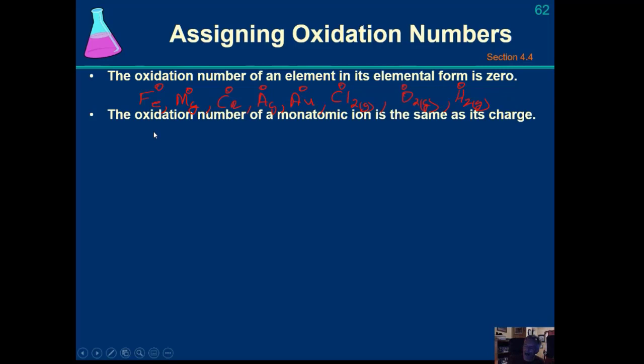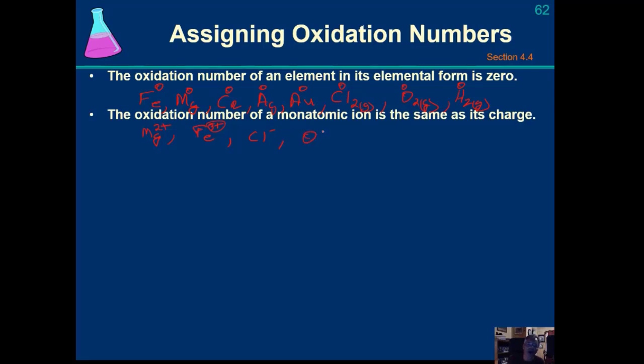The oxidation number of a monoatomic ion is the same as its charge. So if you see a monoatomic ion like magnesium 2+, that's its oxidation state. Iron 3+, that's its oxidation state. Chloride ion with a -1 charge, that's its oxidation state.